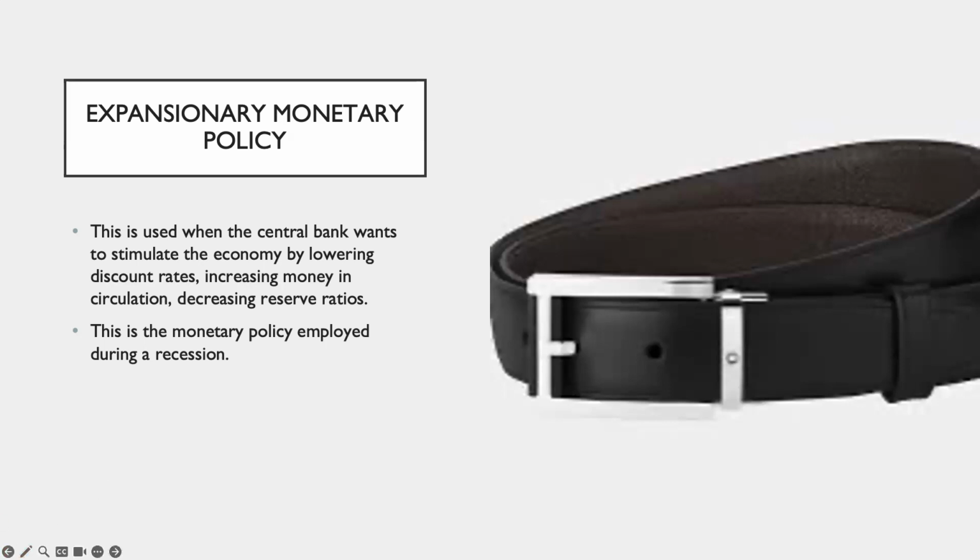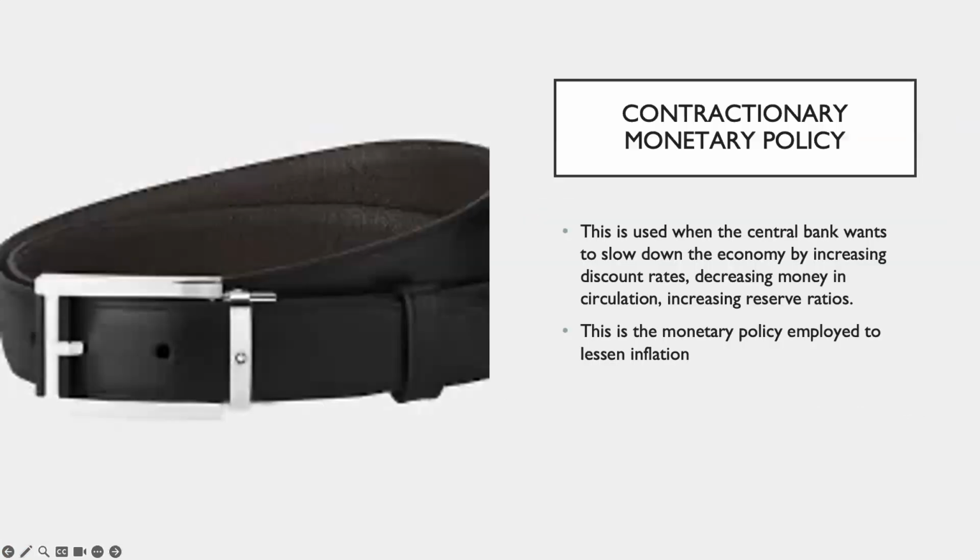On the other hand, if there is a monetary policy that revolves around the expansion of the economy, of course, there is a policy that is meant to contract the economy. So this is where contractionary monetary policy comes into play.